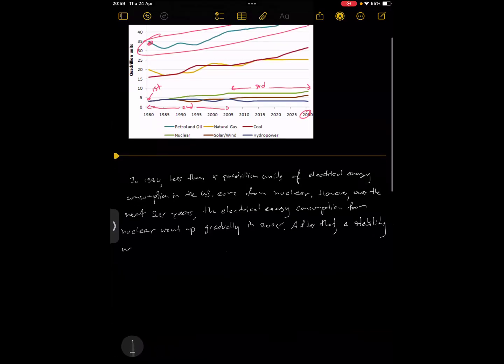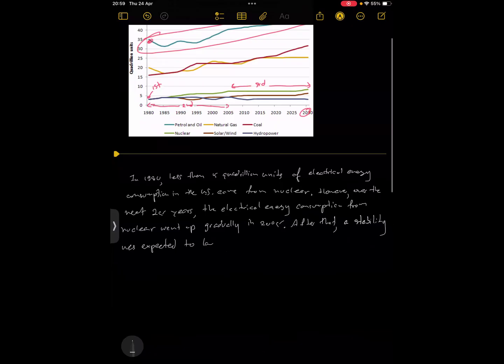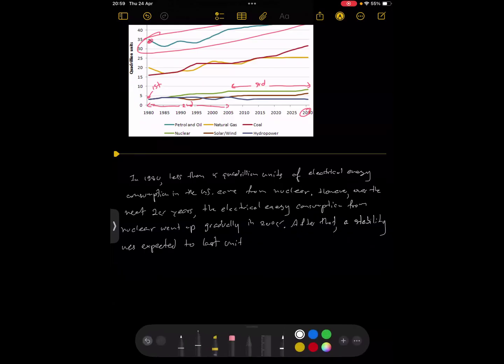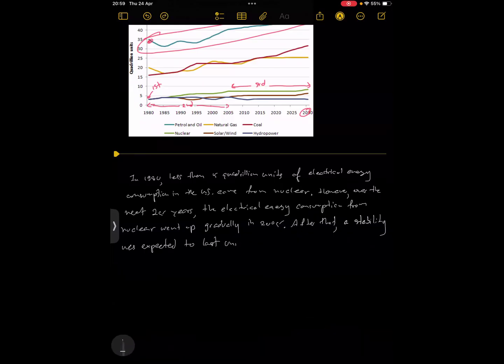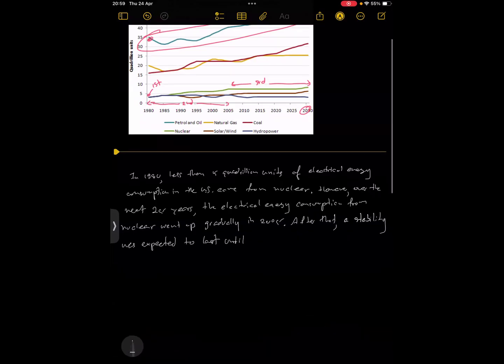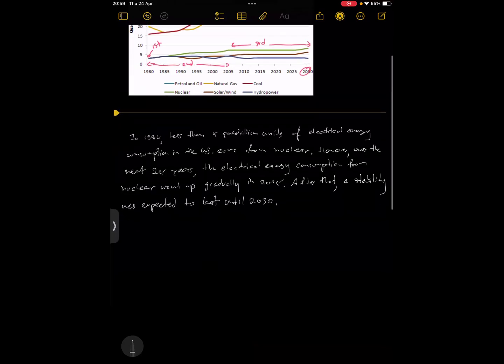Right, and it was expected. The stability was expected to last until 2030. All right, that is it.